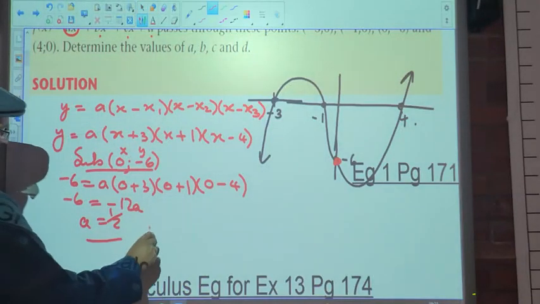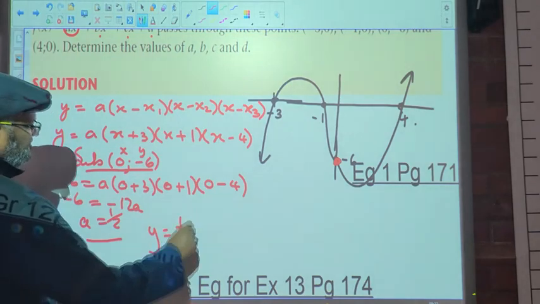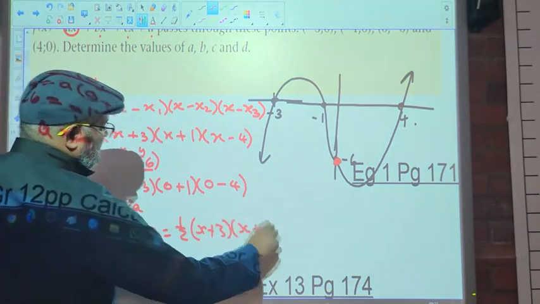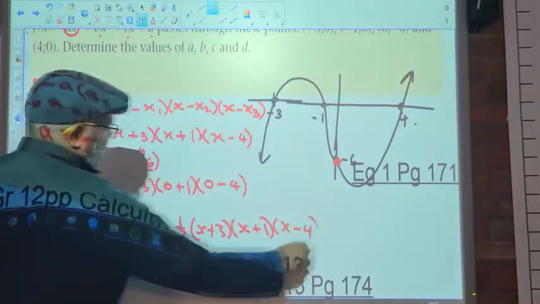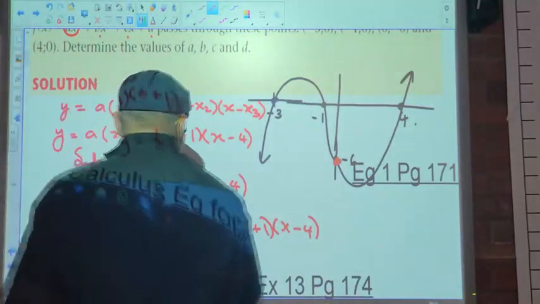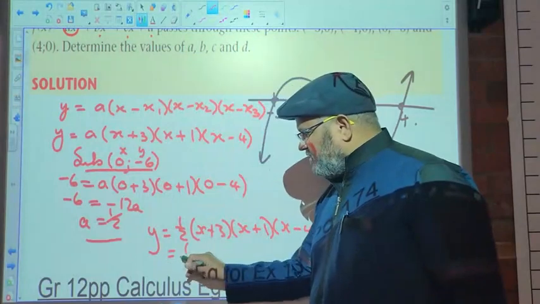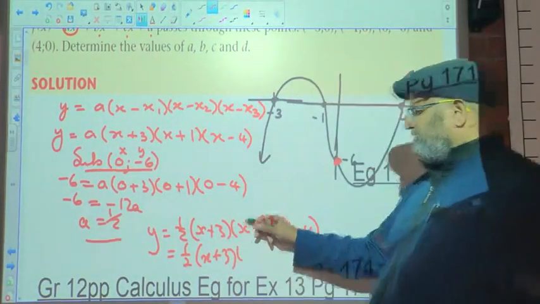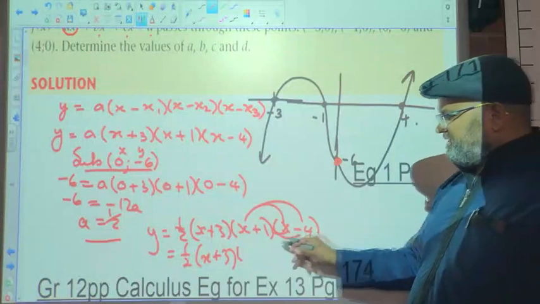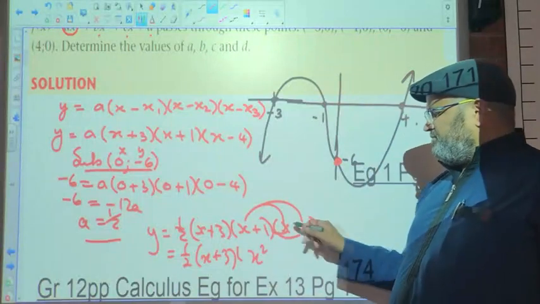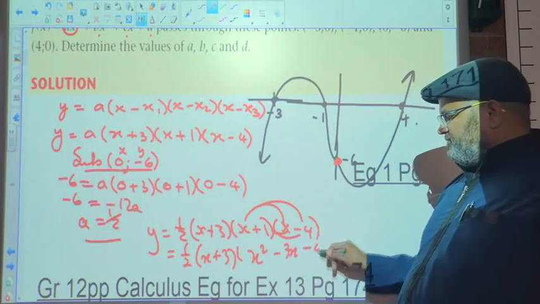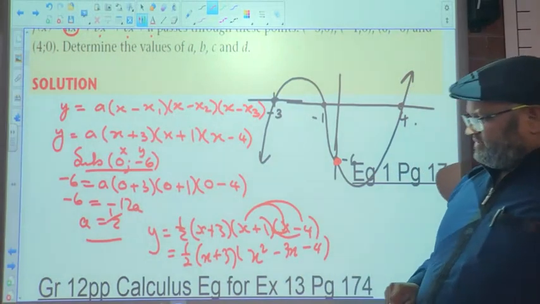So we got the formula now, y is equal to a half into x plus 3, x plus 1, x minus 4. So it gives a half into x plus 3 into, multiply this out, I'm going to get x squared, minus 4x plus x is minus 3x, minus 4. Okay?